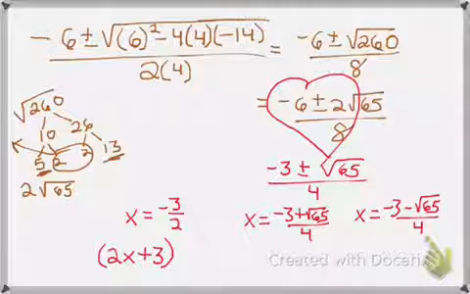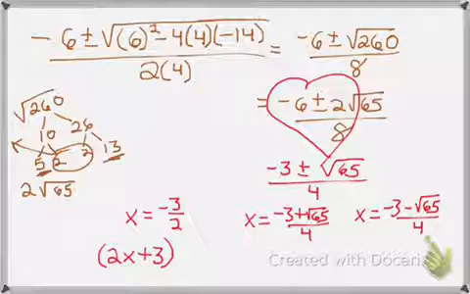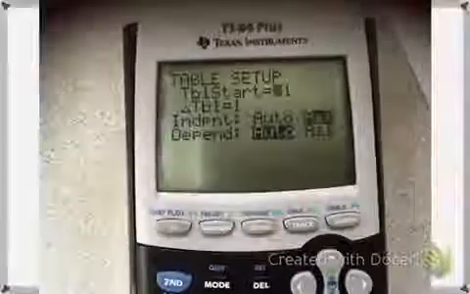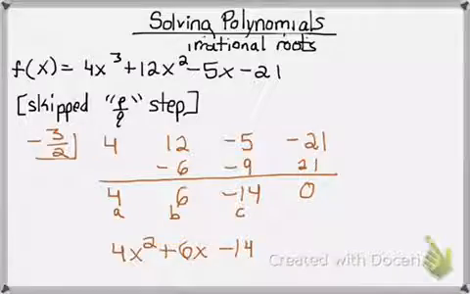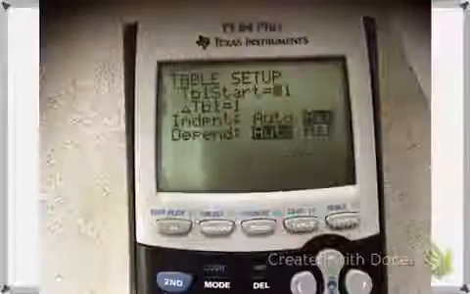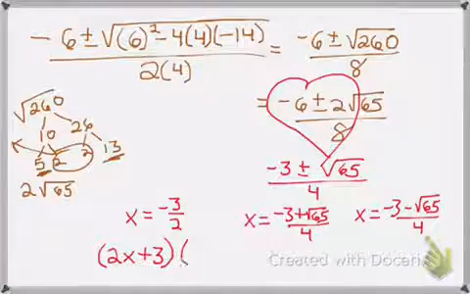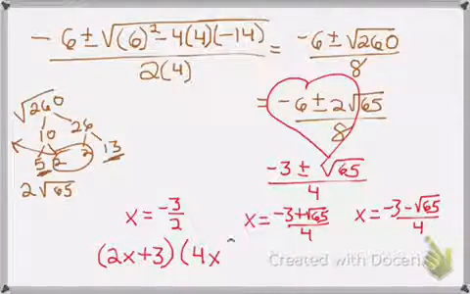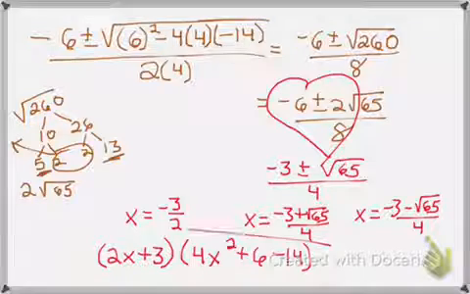And then, remember, if you ever have a square root in your roots, you have to go back to when you did synthetic division to get that quadratic function, which was 4x squared plus 6x minus 14, right here. So, in my complete factorization, I will write 4x squared plus 6x minus 14. And that's it.